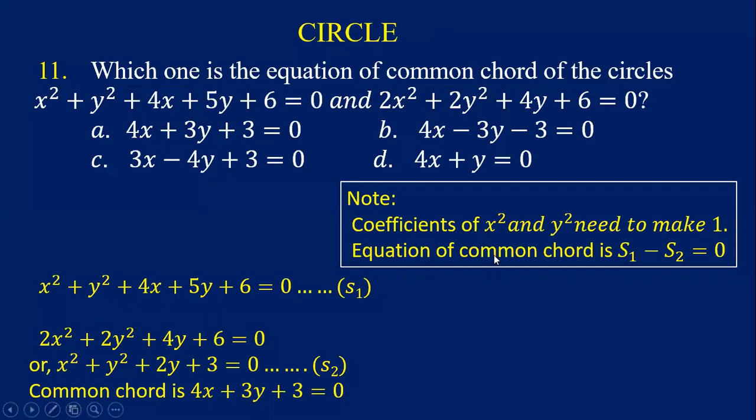And the equation of the common chord is given by S1 minus S2, that is, direct subtraction of the two circles. This is our first equation and this is the second equation. So the common chord is 4x plus 3y plus 3 is equal to 0.